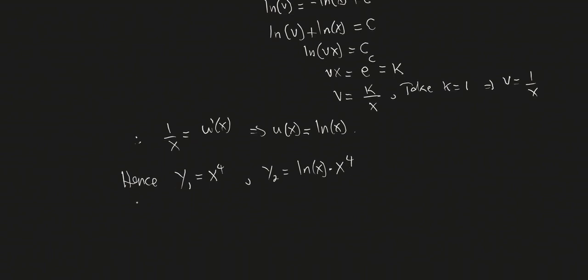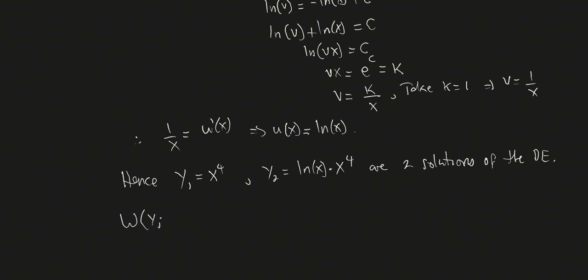So then we have our two solutions of the DE. Can I call them a fundamental set? Yes, we will, but let's actually verify using the Wronskian that y1 and y2 are in fact linearly independent.